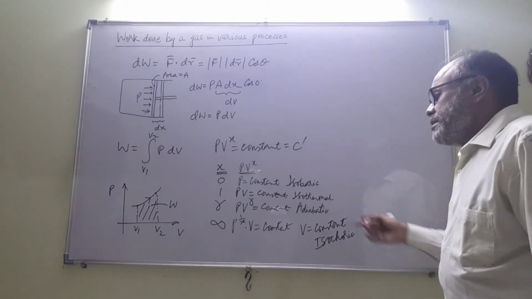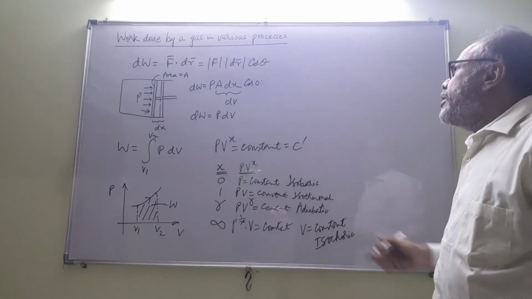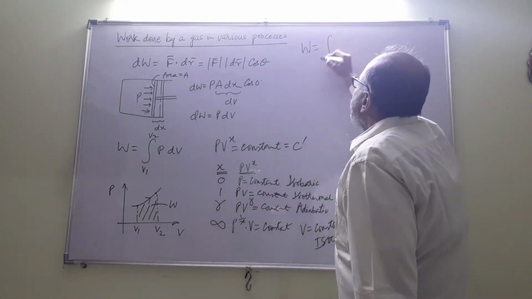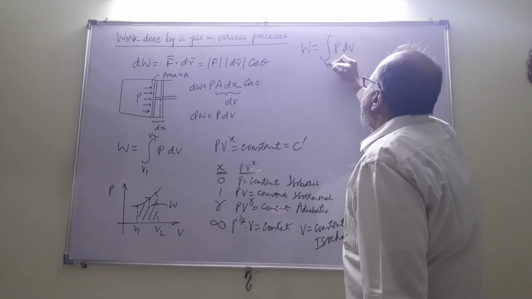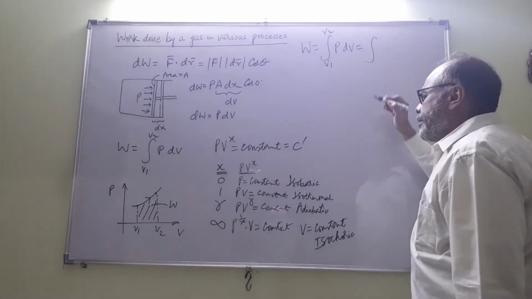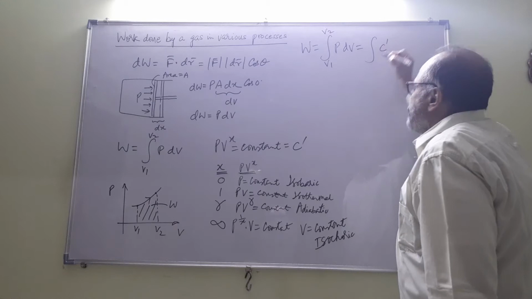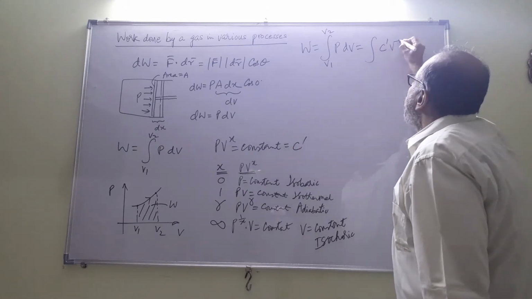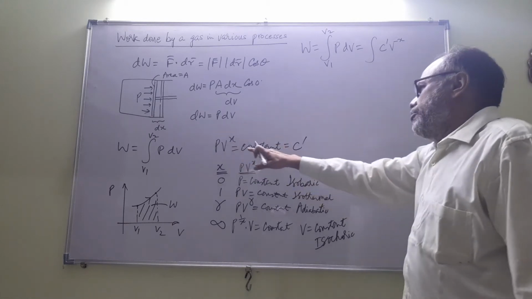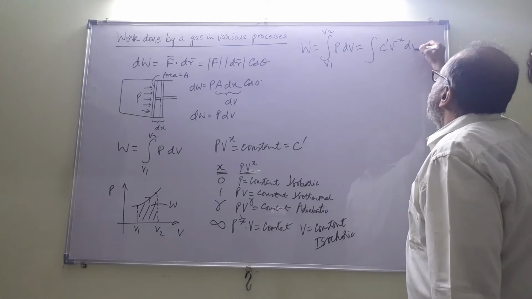So let us derive a general expression for the work done. We saw work is integral P dV from V1 to V2. P can be written as C dash into V power minus x, so you get C dash into V power minus x dV.